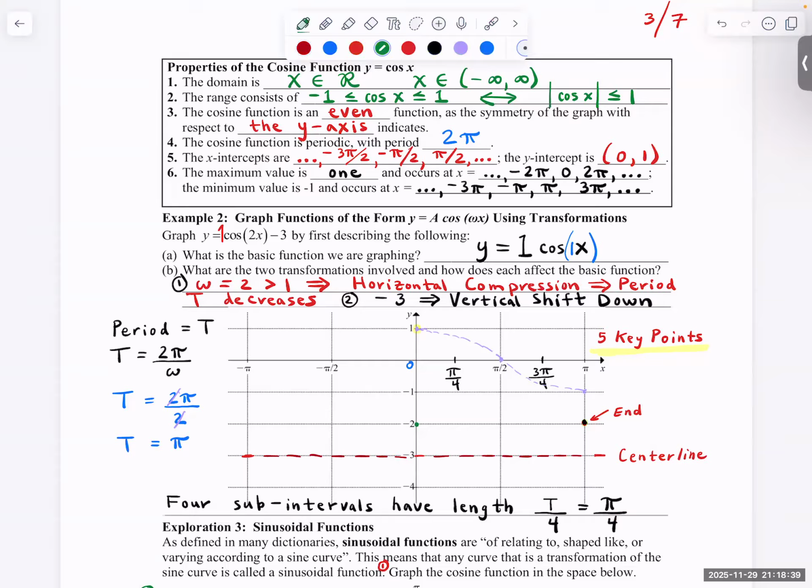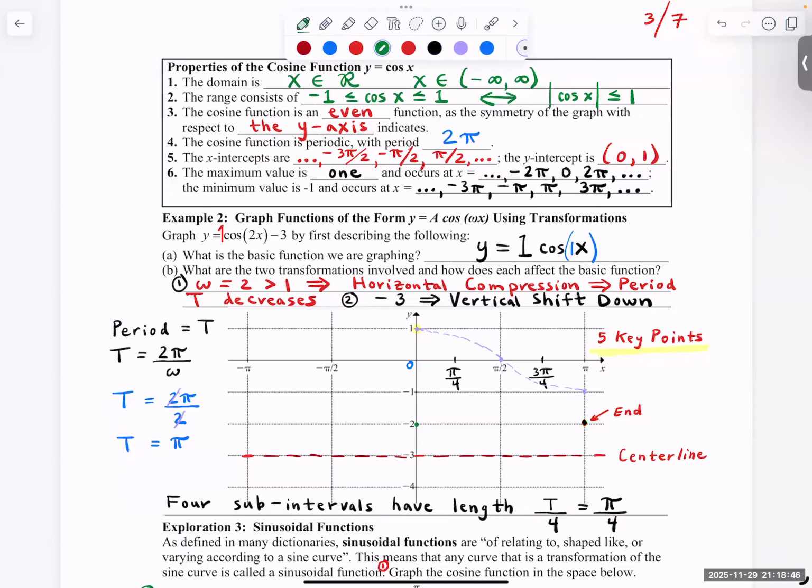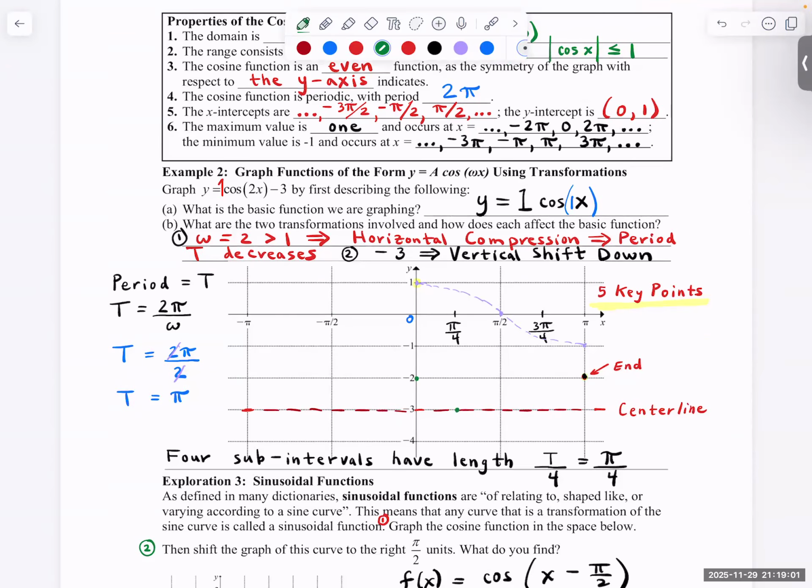So if we start at 0 radians, function value -2, the next key point is going to occur at pi over 4 and a function value of -3. The next key point will occur at pi over 2, and the function value would be -4.